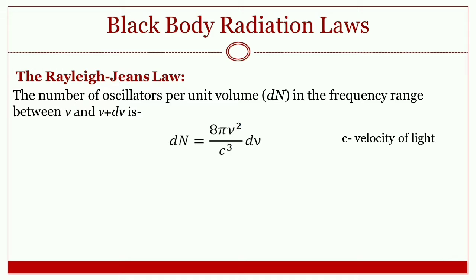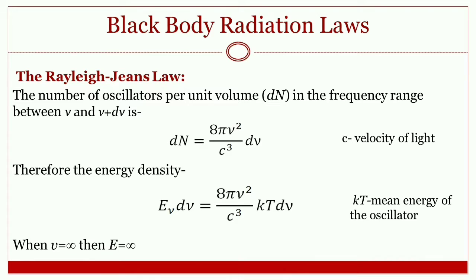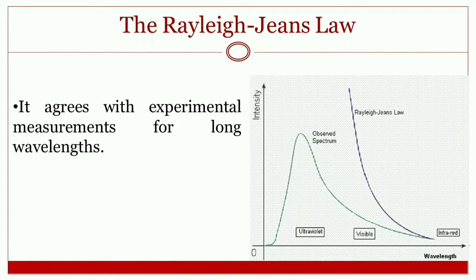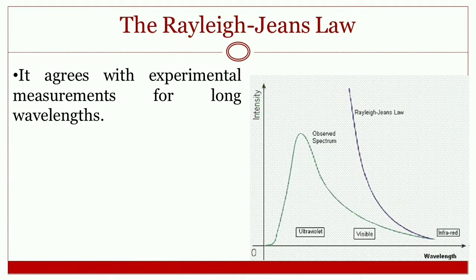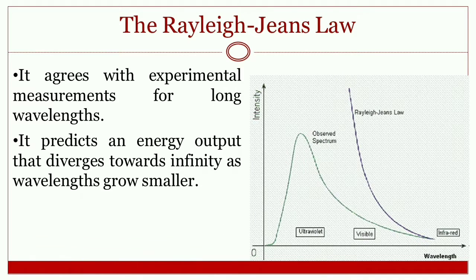Now comes Rayleigh's law. It shows the relationship between the number of oscillations per unit volume in frequency range nu to nu plus d nu, as in the formula, and from this formula we can calculate the energy density as in the second formula. It agrees with the experimental measurements for long wavelengths.